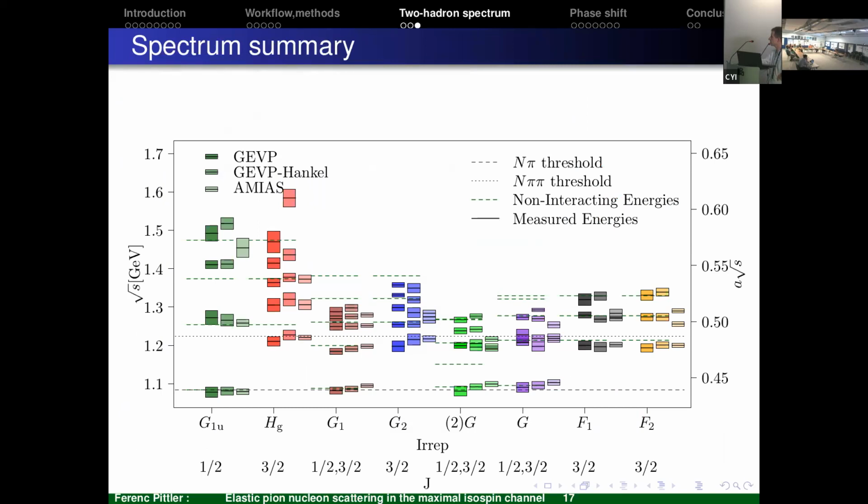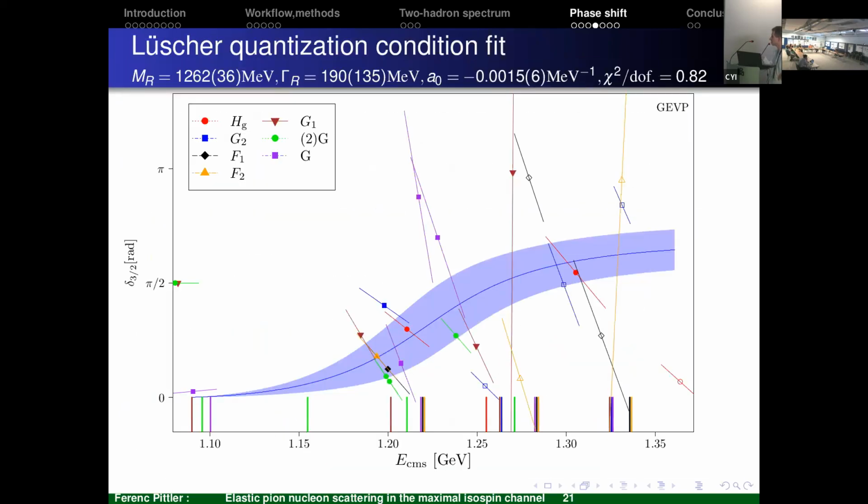I have here relatively quite a lot of levels, but some are very close to the non-interacting one and with quite large error bars. So we really gain a lot if we include more levels in this field. And this will become available if we can extend the quantization condition in this direction.